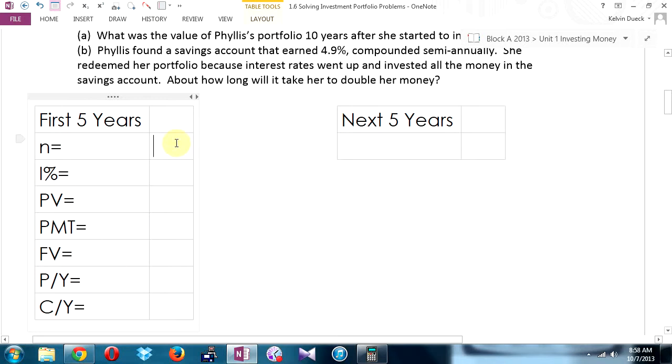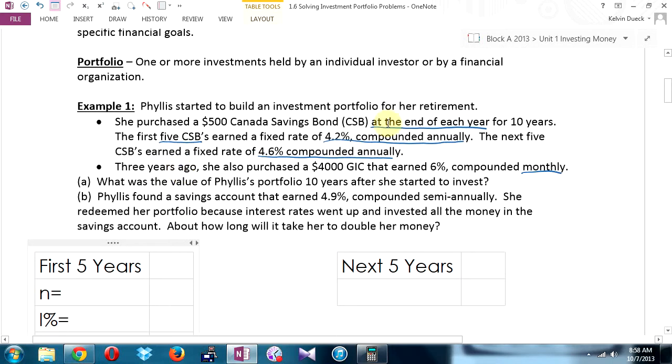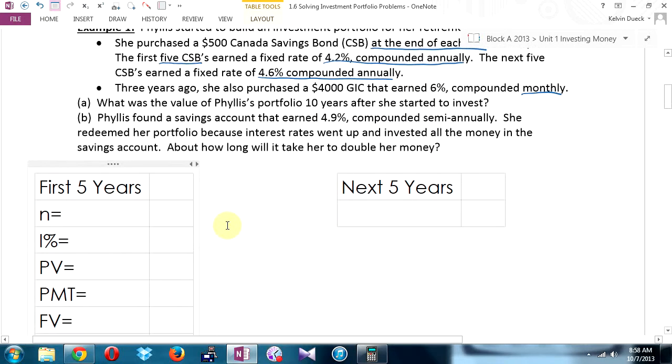All right, let's fill this in. You got your calculators handy, you're in the right menu. What's N? It's 5 years, and in the first chunk it's compounded annually, so N is just plain old 5. Interest rate for the first 5 years was 4.2. She starts out with nothing.